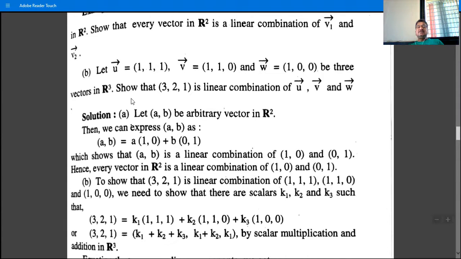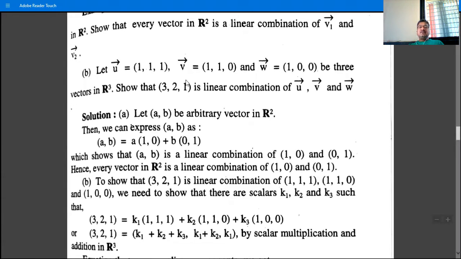Denote (3, 2, 1) by, say, x bar, and then write: let k1, k2, k3 be scalars such that x bar is equal to k1 u bar plus k2 v bar plus k3 w bar.